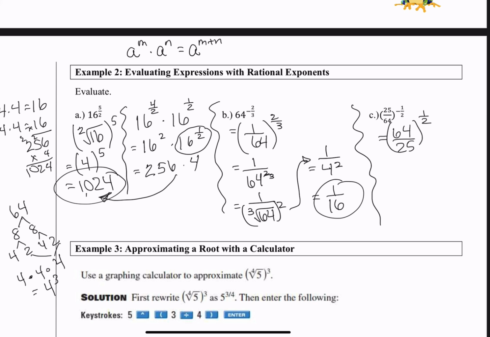That power is 1/2, which means I'm really taking the square root of numerator and denominator. It'll be really easy if you can go back and forth between radical and rational exponent notation. So this becomes 8/5. You can leave it like that, or you can turn it into a mixed number. This is just fine for me for now.